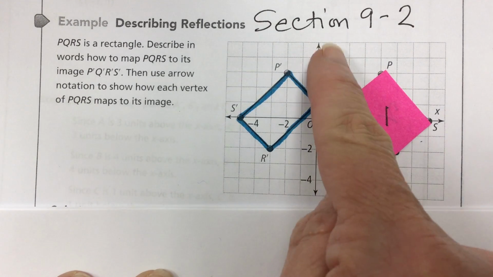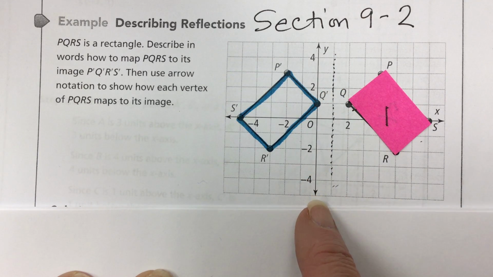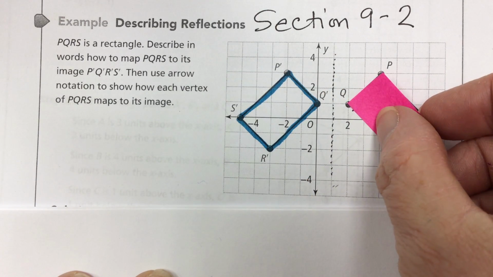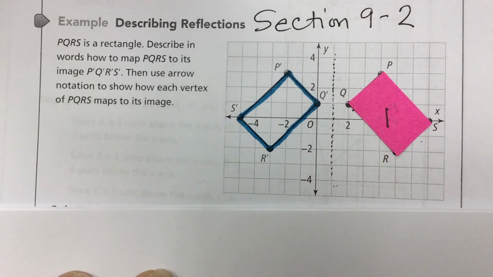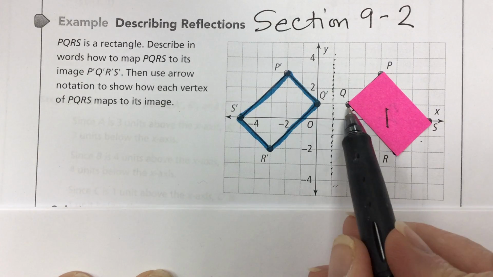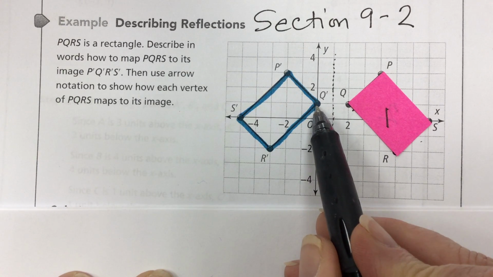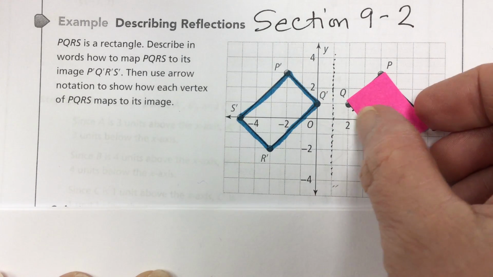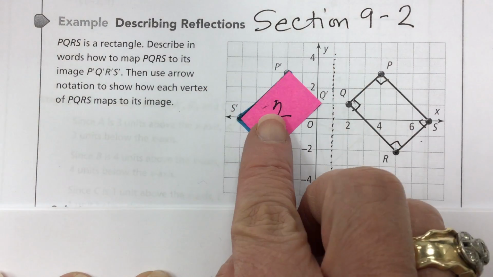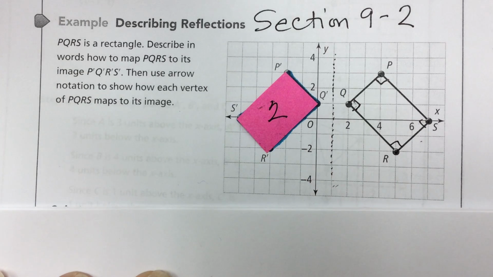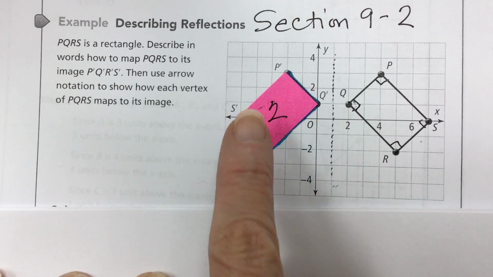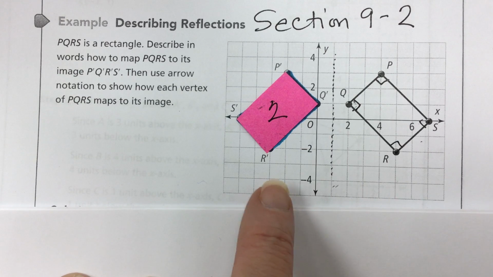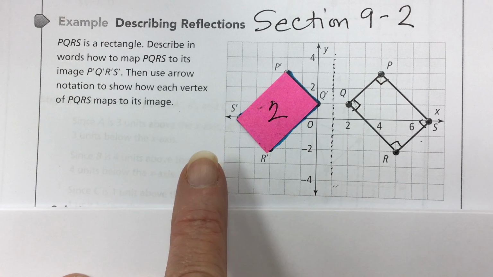Well, I've drawn a little dotted line right down the middle here, because if I reflect over that dotted line, Q would be 1 unit to the right of the dotted line, and Q prime is 1 unit to the left of the dotted line. So if I flip it over that line, it fits perfectly on P prime, Q prime, R prime, and S prime. Okay?